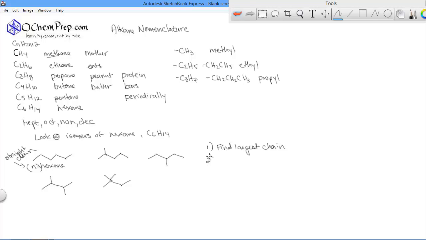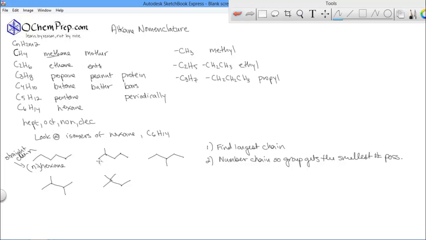So we're going to number the chain so the group gets the smallest number possible. This is so you never have any ambiguity.